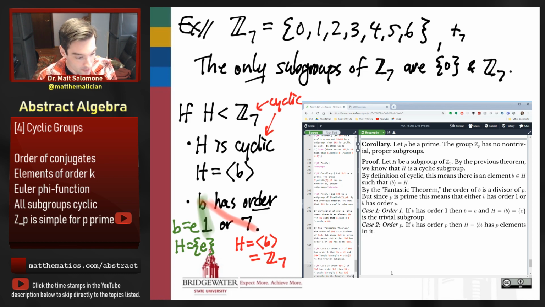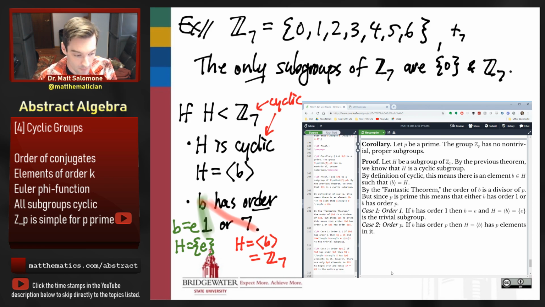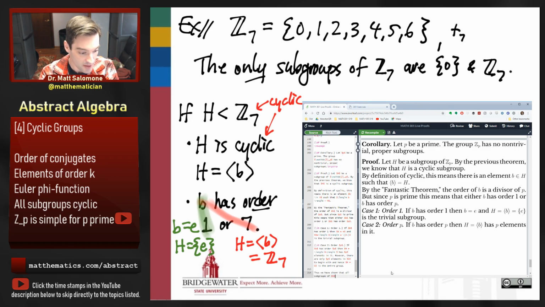However, there are only P elements in G to begin with, and hence H is equal to all of G. It is the entire group. Thus, we have shown that all subgroups of G are either trivial or the whole group.